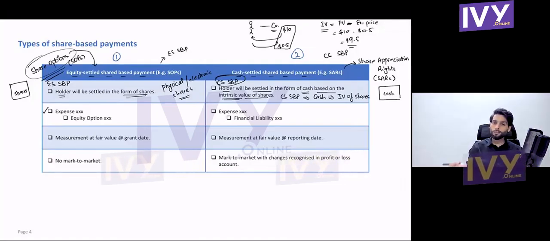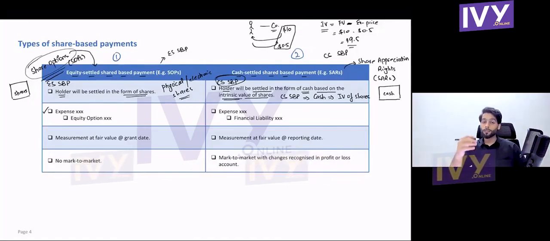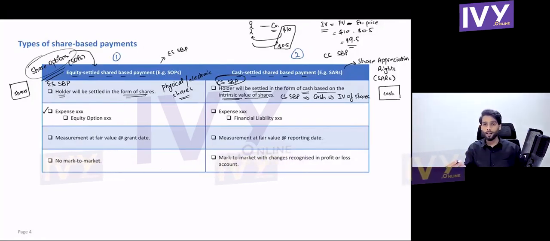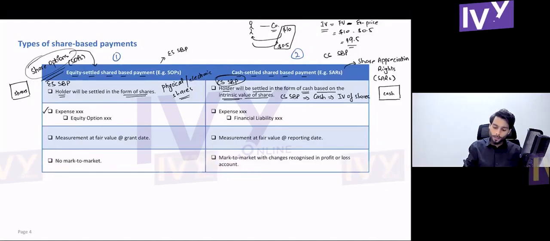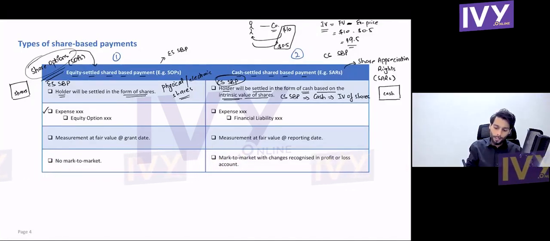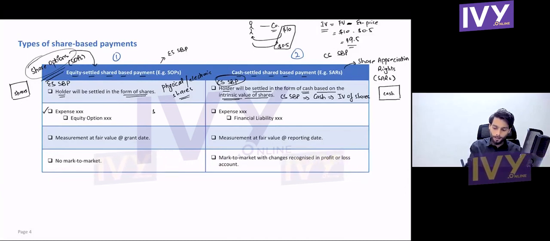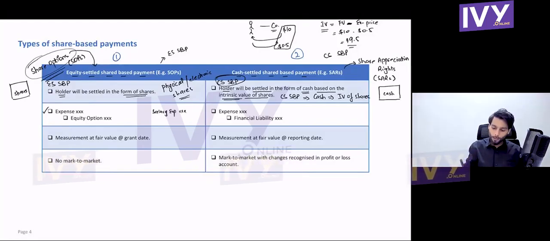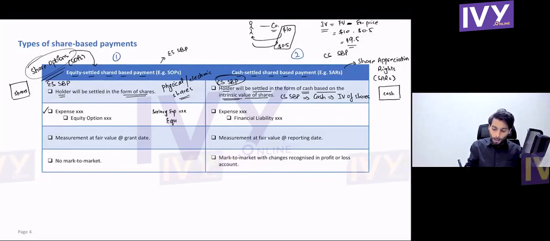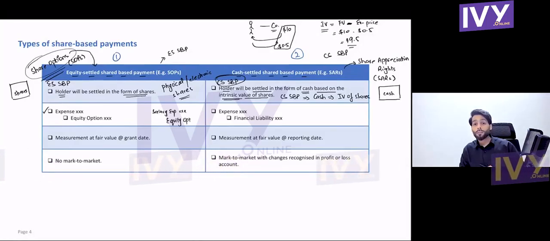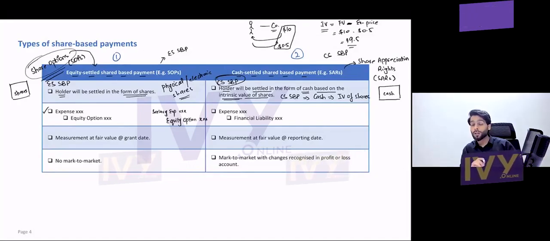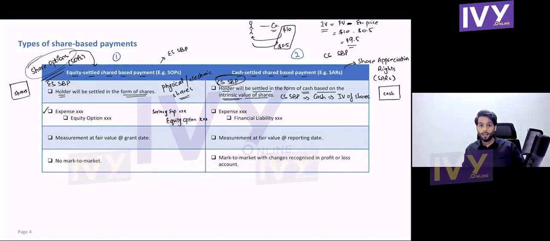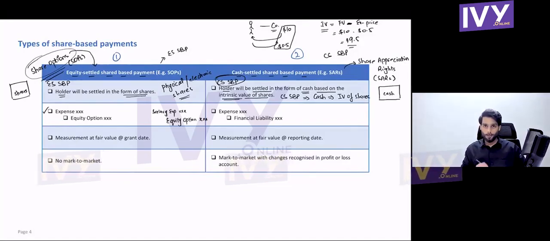So if you're paying someone shares in the form of a salary, for employment services, you will debit the salary expense, the employment expense, and since you're paying in the form of shares, you will credit equity option. Now remember that initially you will not be crediting equity directly, shares. You will be crediting equity option.